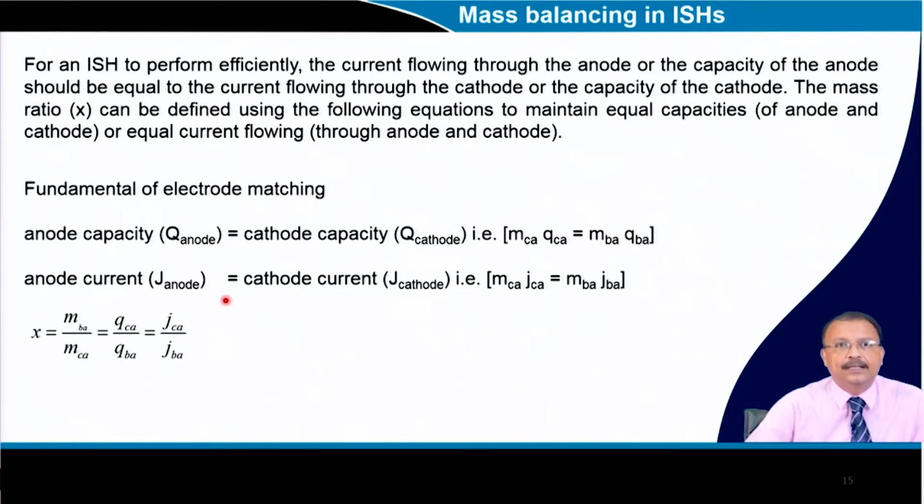Similarly, the anode current should be equal to the cathode current, and this is the current density of the cathode and this is the current density of the anode material. So, I define the value of x, this mass ratio of the battery.